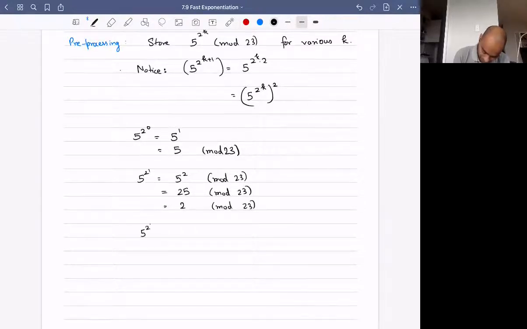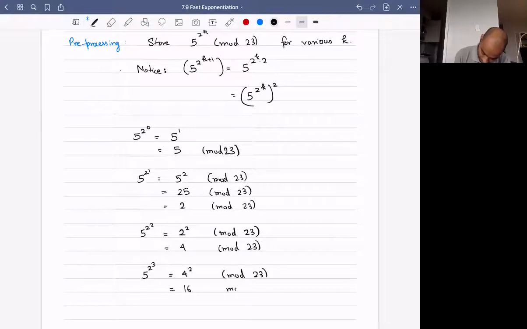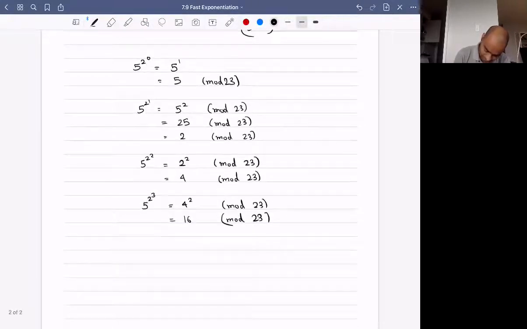Then 5 to the 2 squared is the square of the previous thing, mod 23. And that gives me 4 mod 23. And then 5 to the 2 to the 3 will be 4 squared mod 23, that is 16 mod 23.